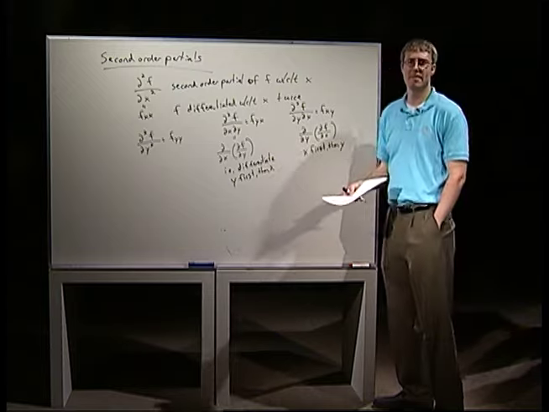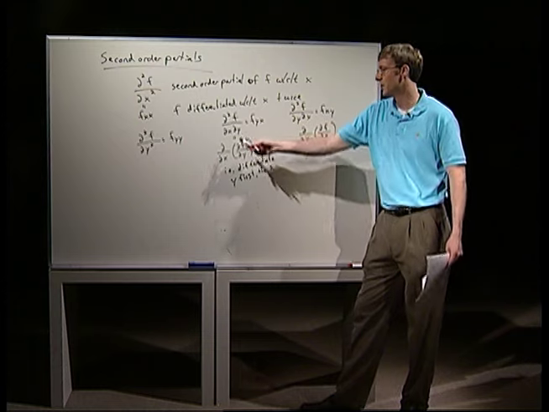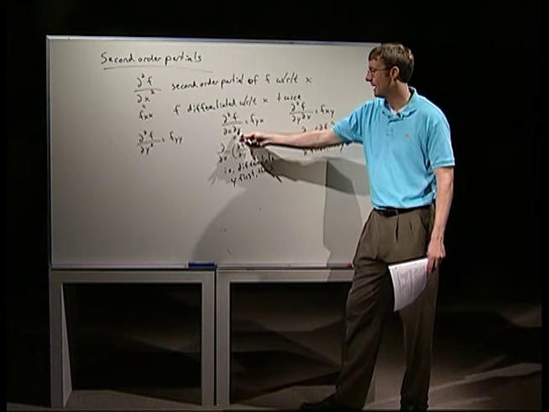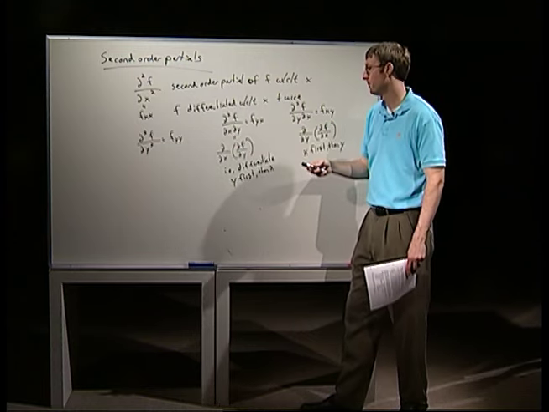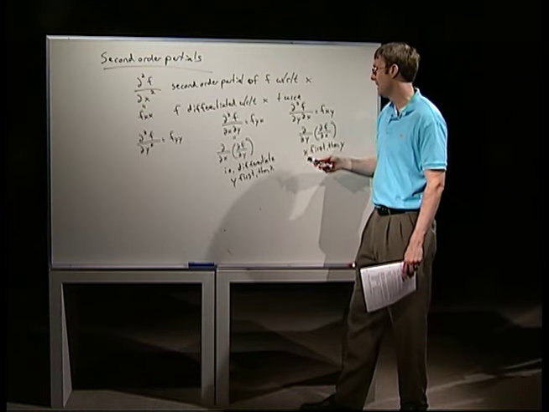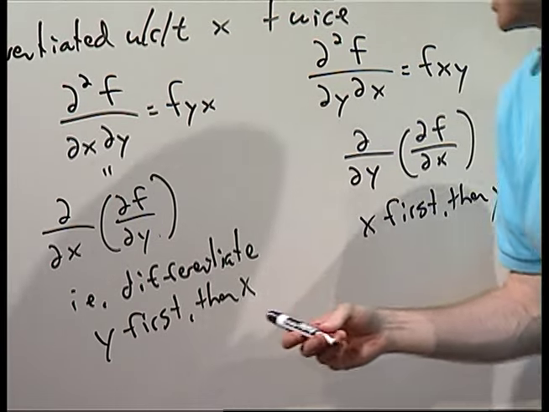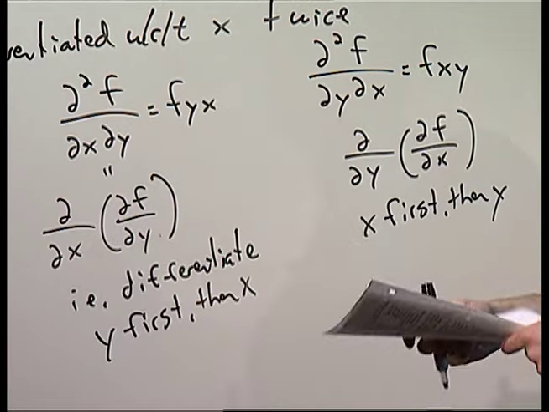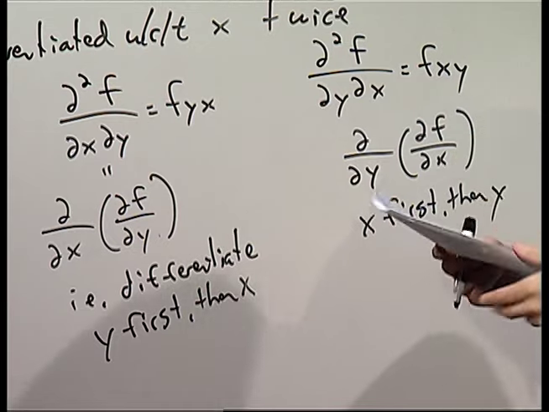What is irritating, I guess is the right word, about this is that via the Leibniz notation, we are reading right to left. We go y first, then x. Via the subscript notation, which is more anglicized, we read left to right. We go y first, then x. So be cognizant.